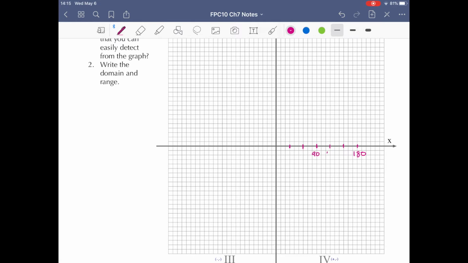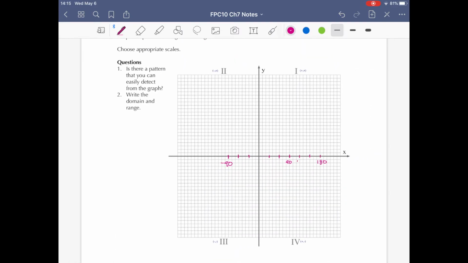Yeah, that's okay, I think. Negative 30, negative 60, negative 90. We could do negative 120, negative 150, and negative 180.